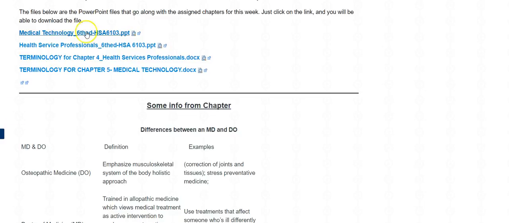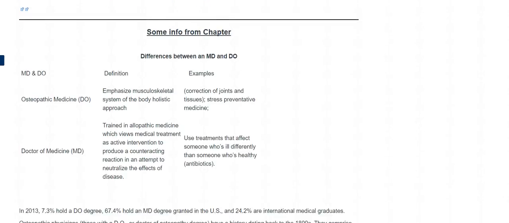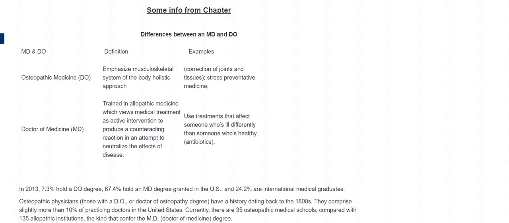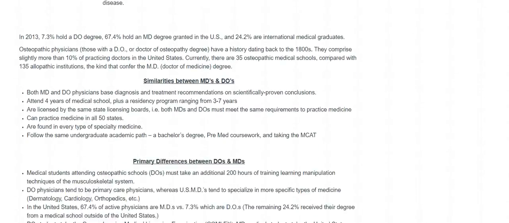So here is the file for medical technology. And then here is another file where you will have all the terms presented in the chapter as well as the definitions. All right, so I am going to scroll further down since the beginning is actually information from Chapter 4.